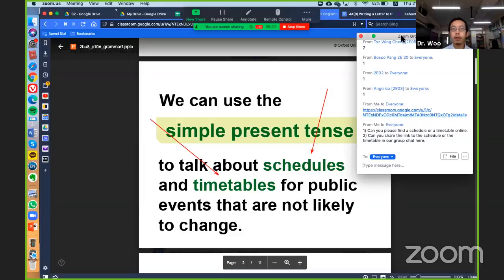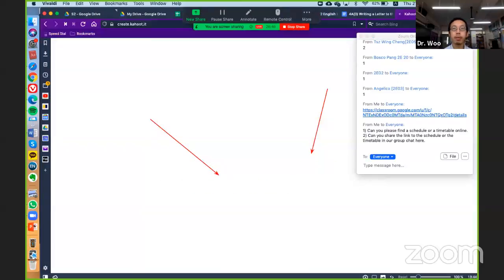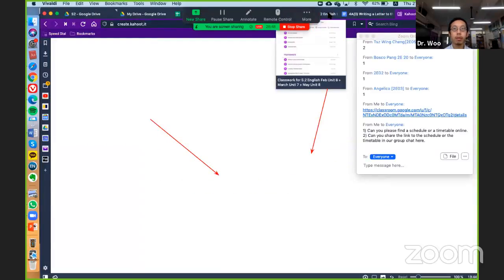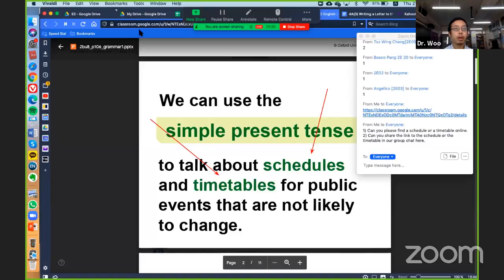I think the first thing we should think about is what kind of schedule, what kind of timetable. I'm going to find one. Let's see. I used to live in Discovery Bay.